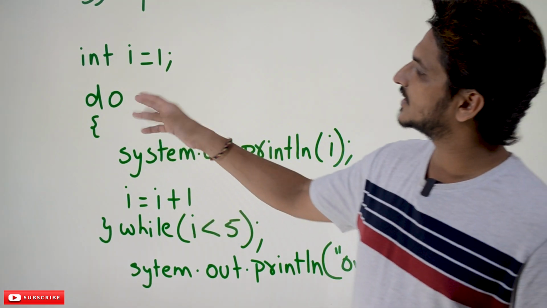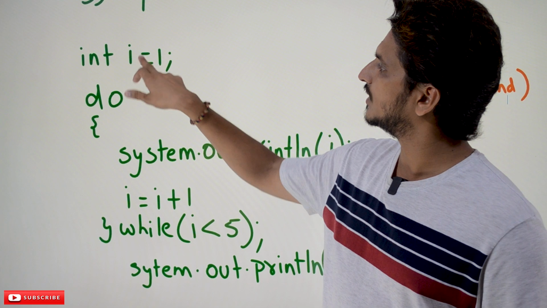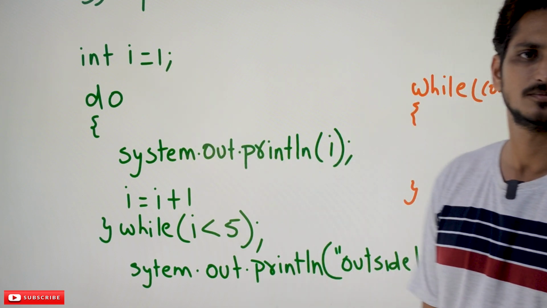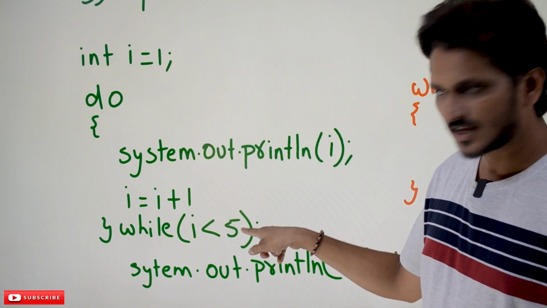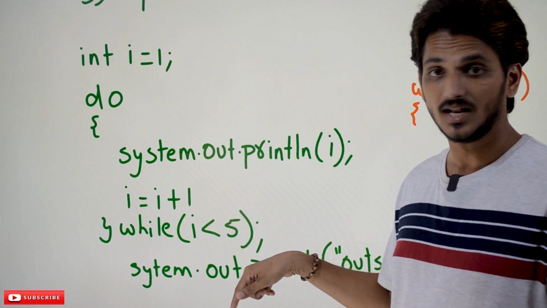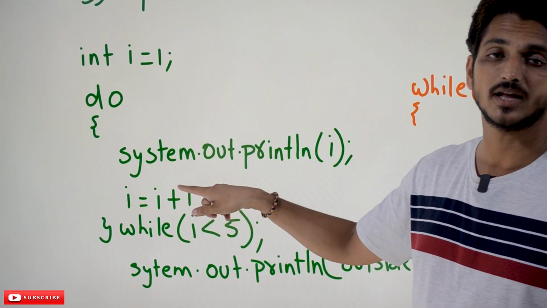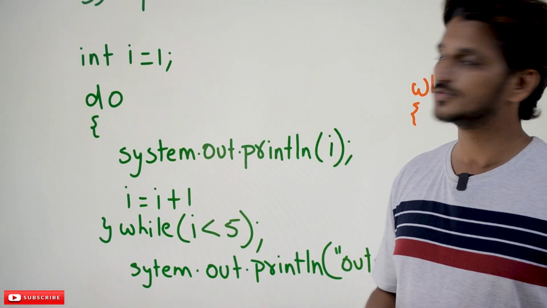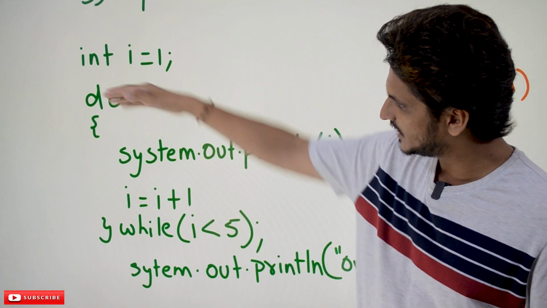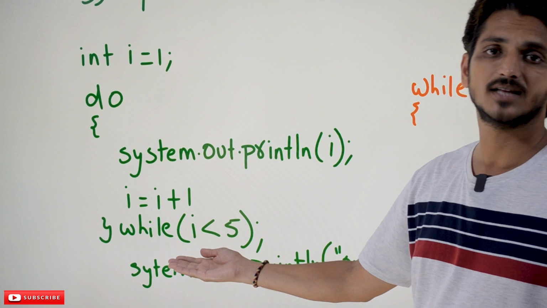And let's check the example. Take i = 5. 5 less than 5, it's false. But still the body is going to be executed one time because the do-while loop starts from here, executes the body, then checks the condition.